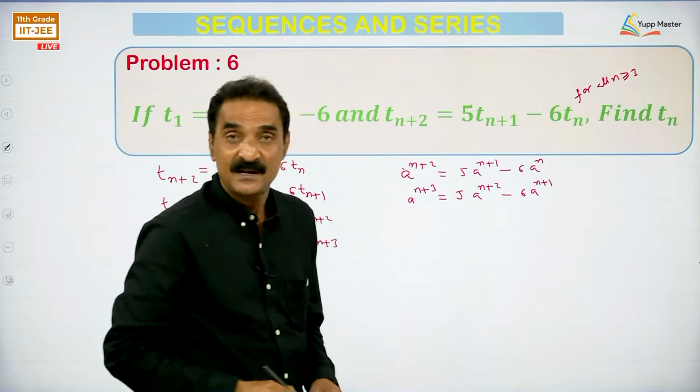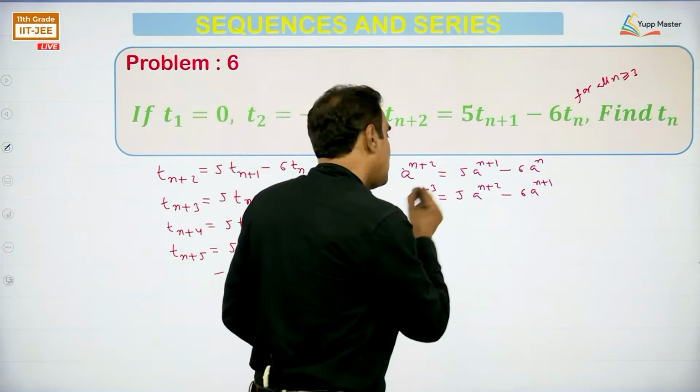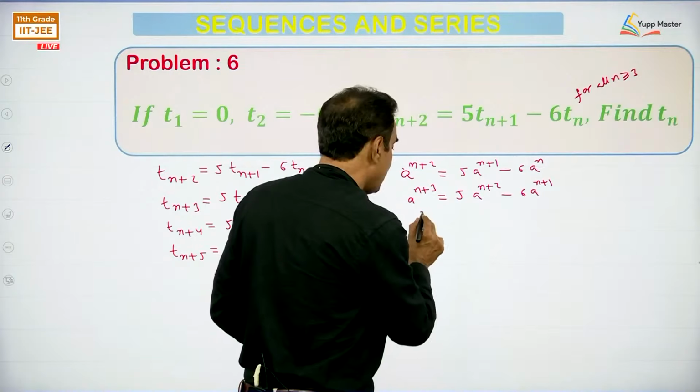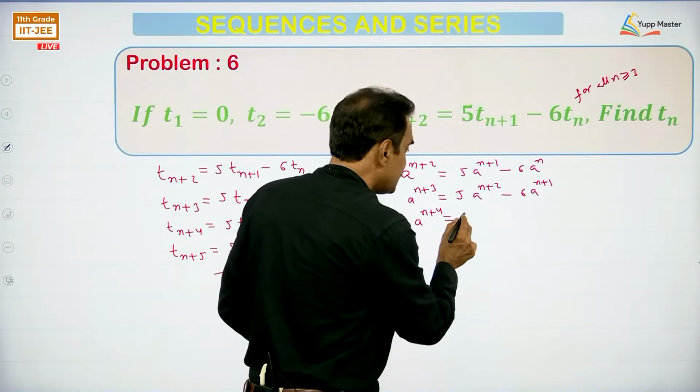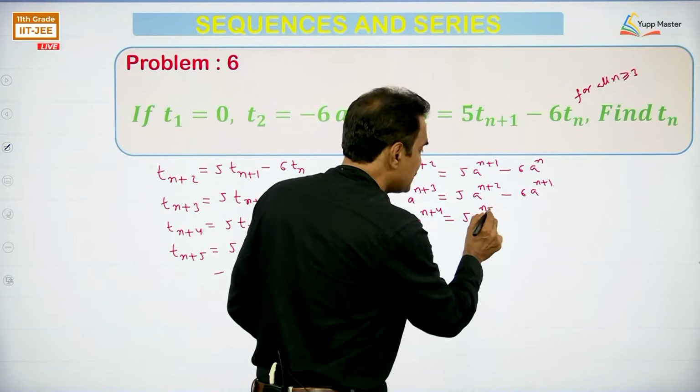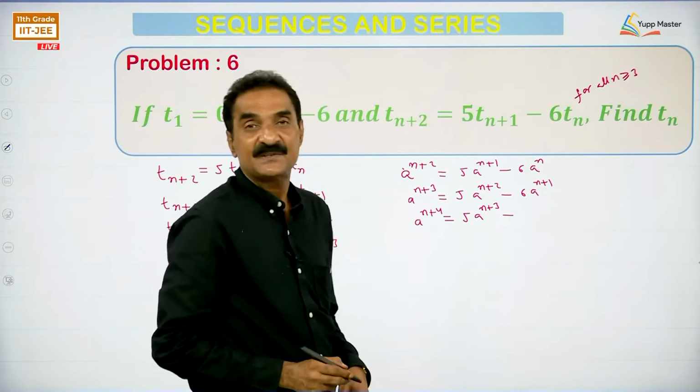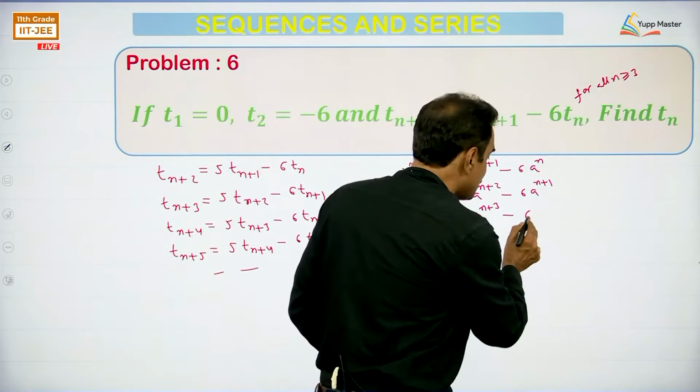Multiplying both sides by a again, a power n plus 4 is equal to 5 a power n plus 3 minus 6 a power n plus 2.